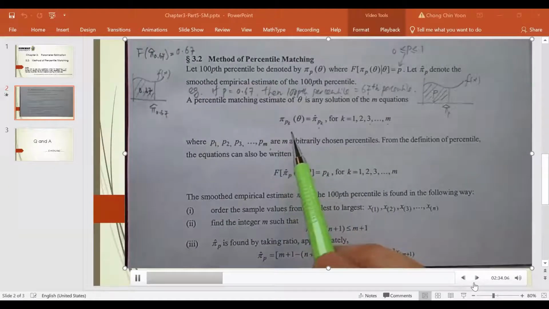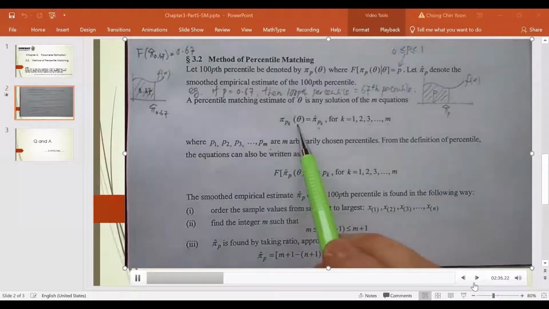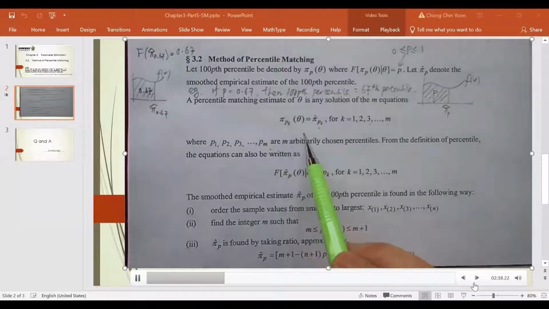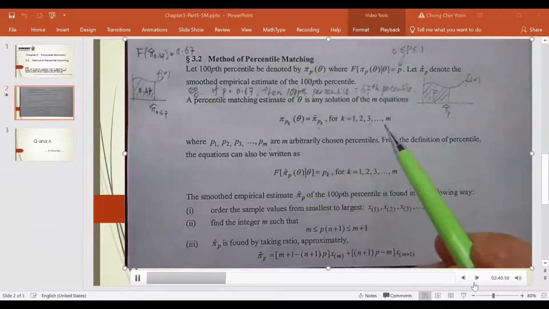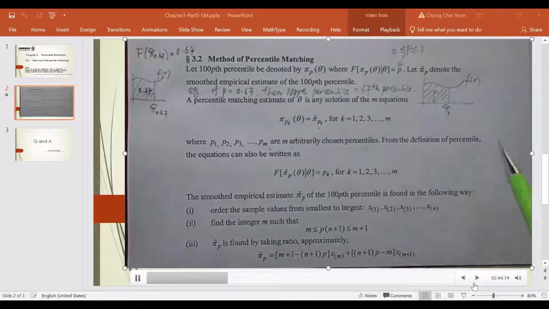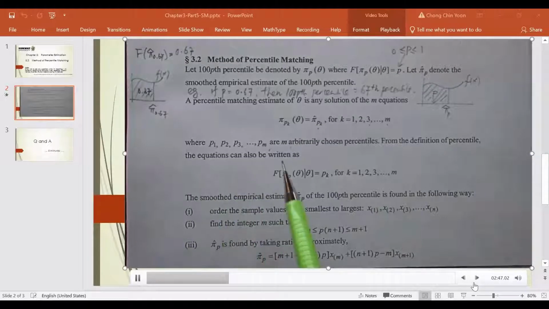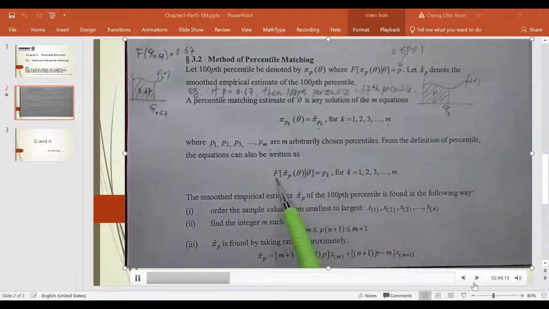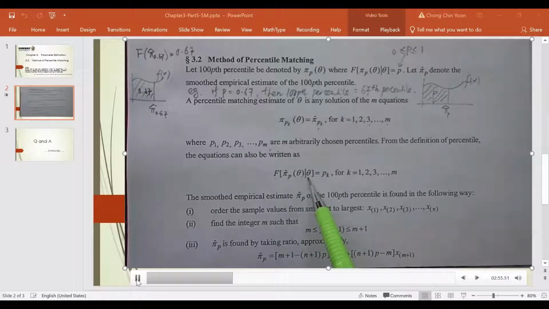It means that at the parameter theta, this equation is fulfilled by the distribution. From the definition of percentile, the equation can also be written as the CDF at the estimate of the 100p percentile, given the parameter theta, has probability pk, where k is from 1 to m.